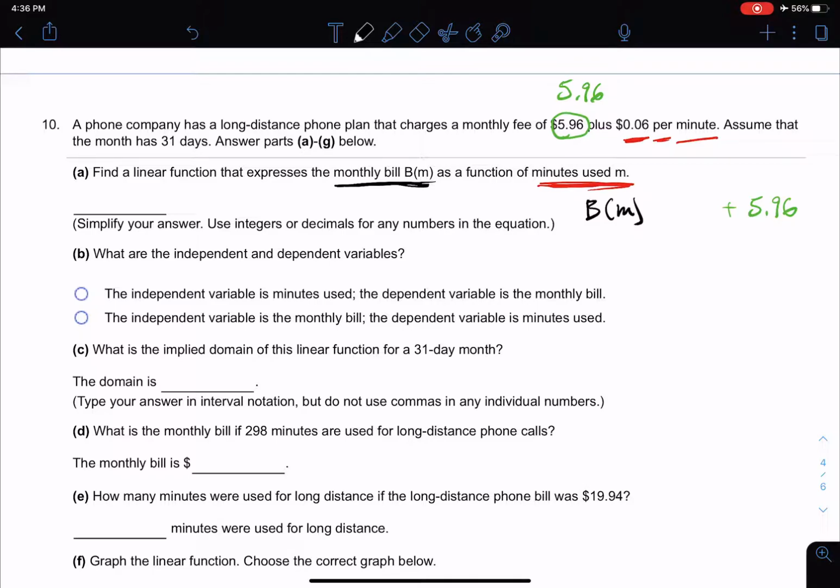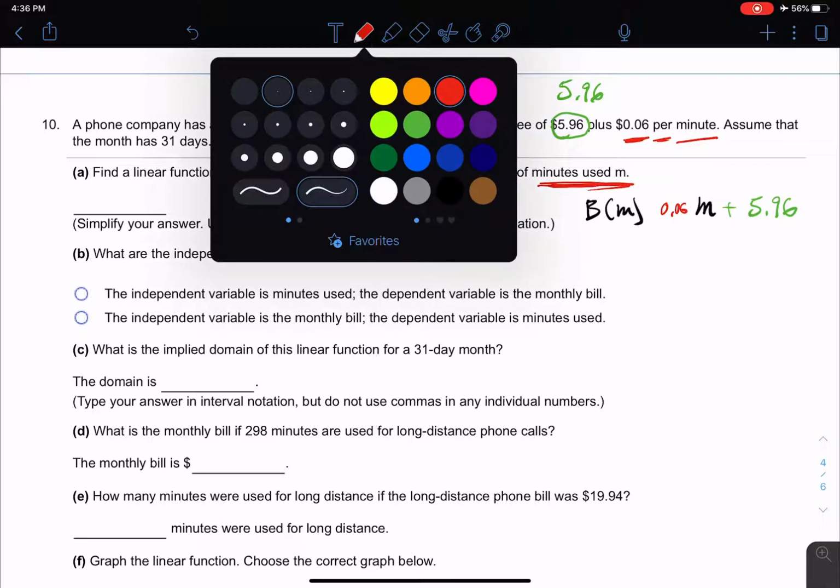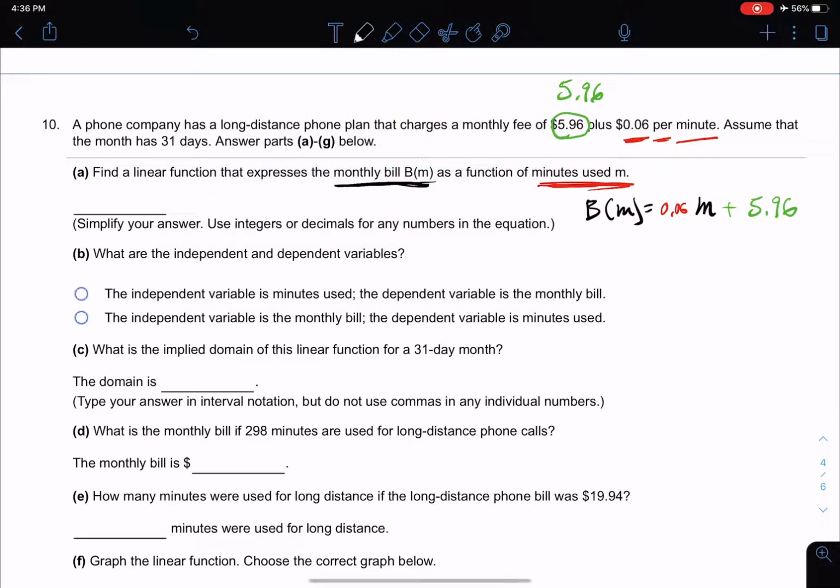So M is my variable, minutes used, and the slope is just going to be this rate of 6 cents per minute used. So we can get a feeling for how much this is. Find the linear function that expresses the monthly bill.